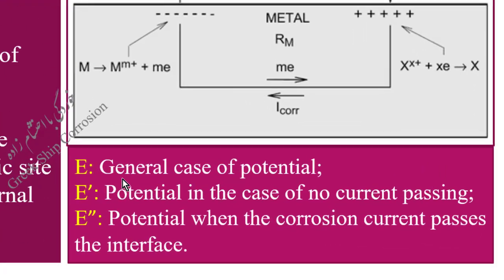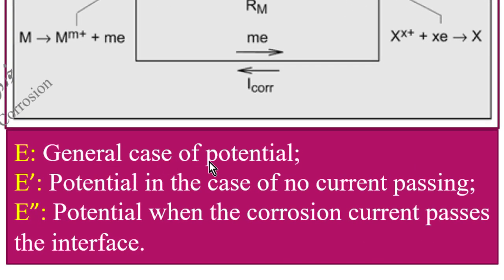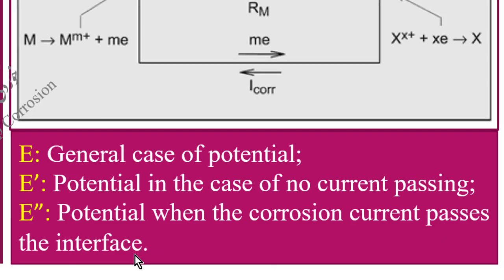E is the symbol of the general case of potential. E prime is the symbol of potential in the case of no current passing. E double prime is the symbol of potential when the corrosion current passes the interface.